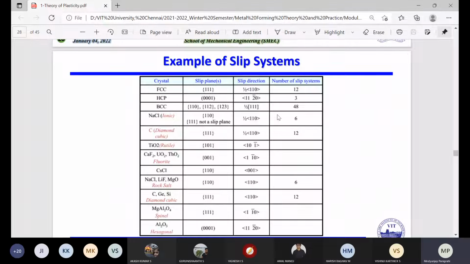The number of slip systems you have to calculate. For example, in FCC crystal there are 12 slip systems, and in HCP there are 3. Normally you study this in material science at the beginning of your BTech, I think you have studied that. I only want to show these as examples of the slip system.